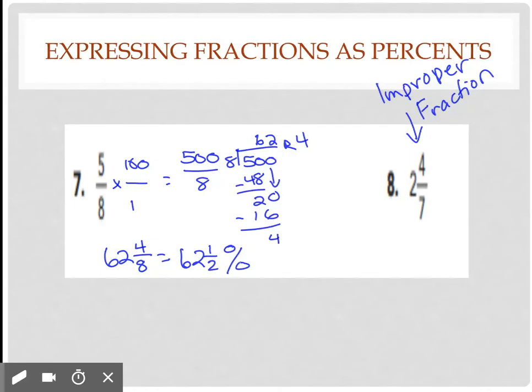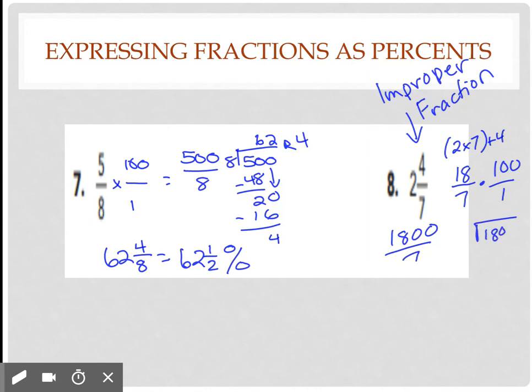For 2 and 4/7, you should have done 2 times 7 and then added your 4 to get the new fraction. So 2 times 7 is 14, plus 4 is 18 over 7. And we're multiplying by 100 over 1. You get 1,800 over 7.